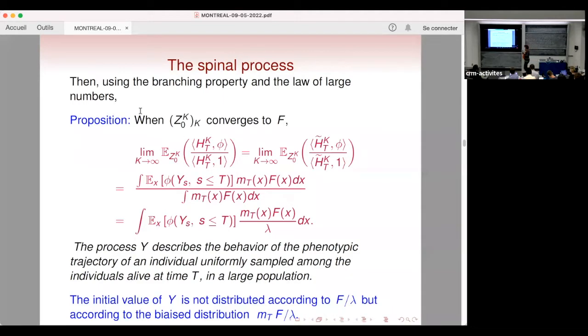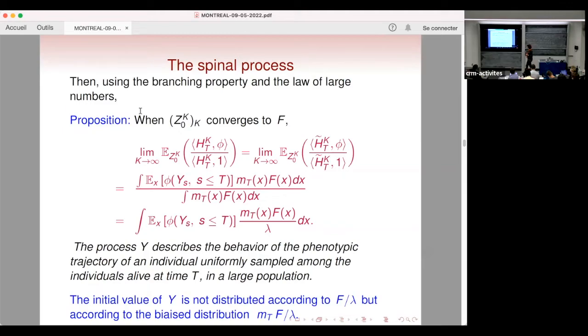And remember, we have computed it. We have seen that M_t f has the same mass as f, that is lambda, our eigenvalue. And so we have this expression which describes exactly what we wanted. That means now we are in our context with interaction, but asymptotically we have exactly the same result.